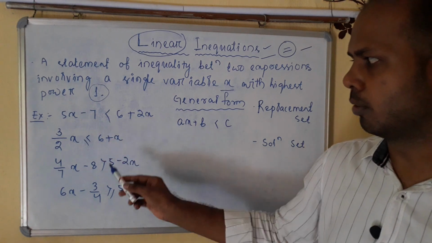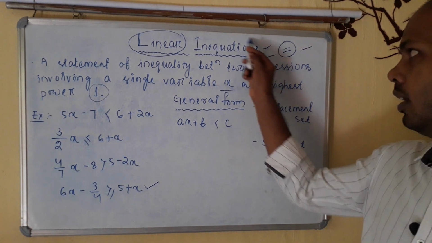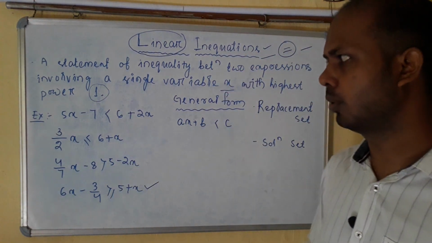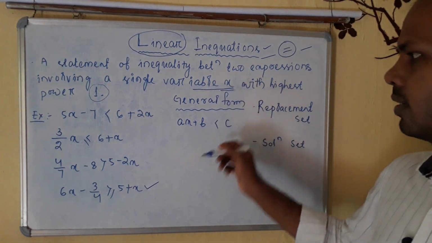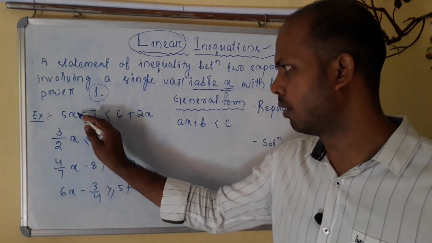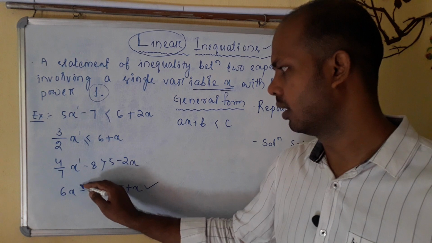Less than or equal to, greater than and greater than or equal to. That means in inequation we have to face these four signs. And one more thing, a single variable x. In each case there is a single variable x and the power is 1, which is not required to write.